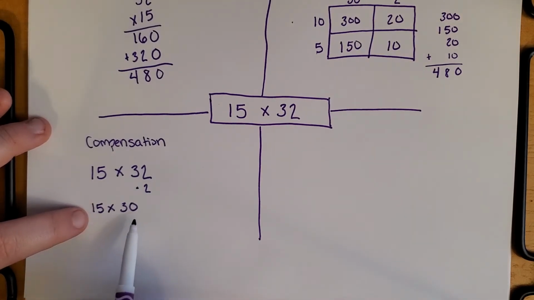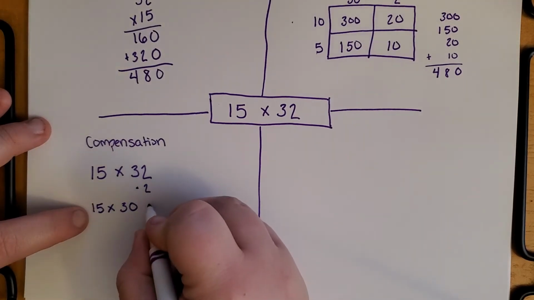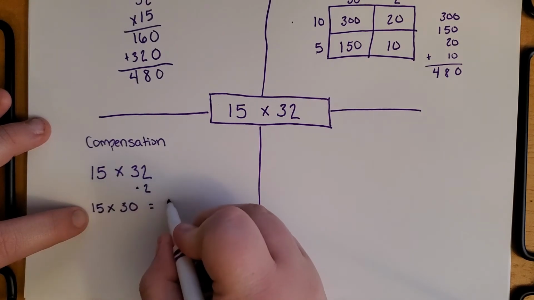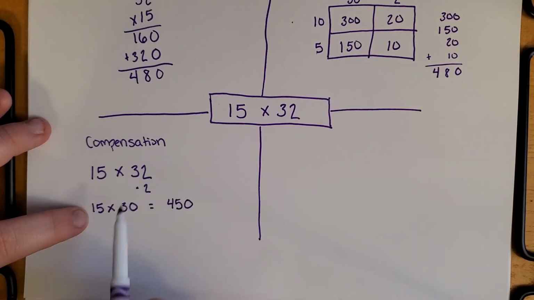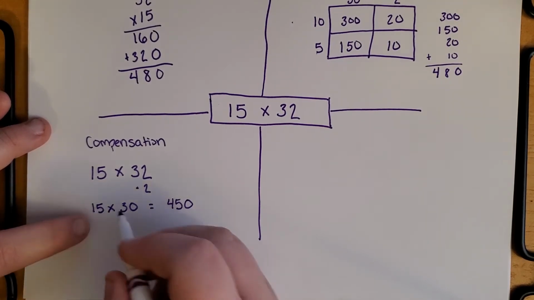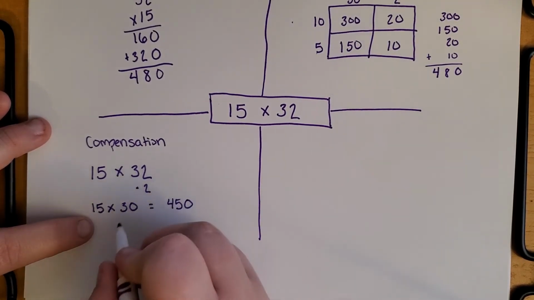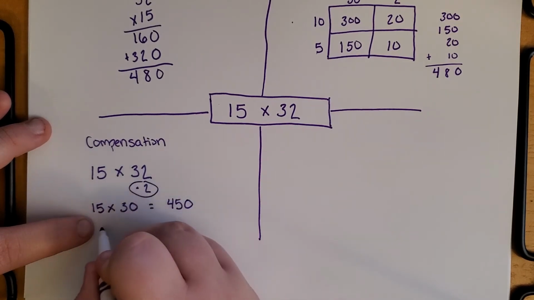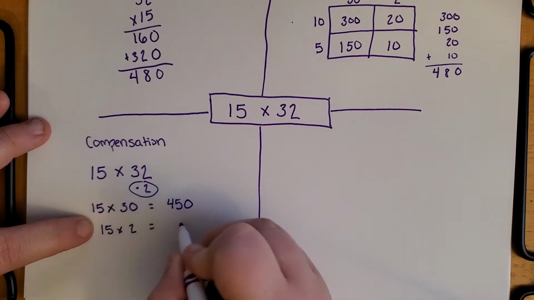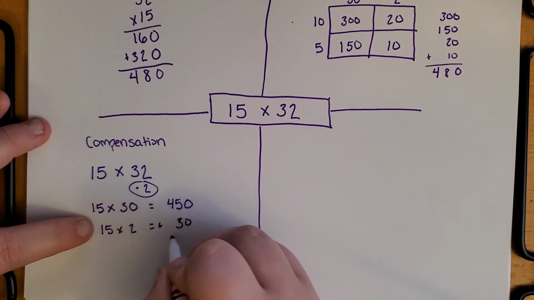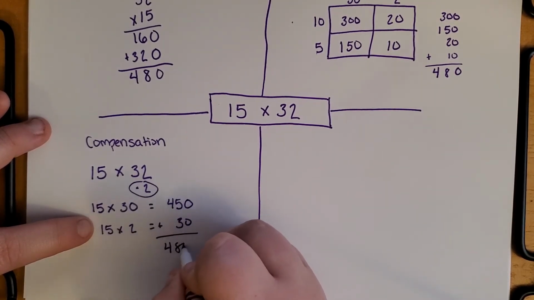So I'm going to call that 15 times 30, which comes out 5 times 3 is 45. Add on the 0, 450. But in this case, I had taken away 2 groups of that 15. So I actually need to put back those extra groups of 15 that I'd taken away right here. So I'm going to do 15 times 2 and put that back in there. Gave me 30 back, making my 480.